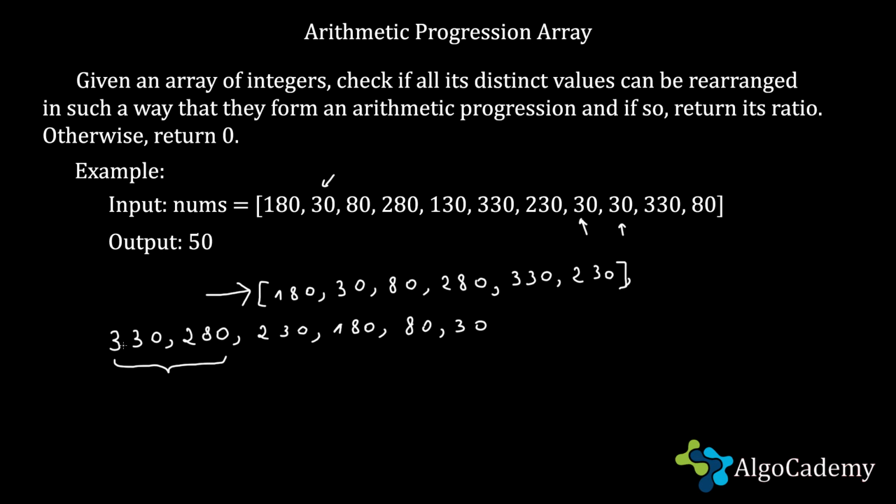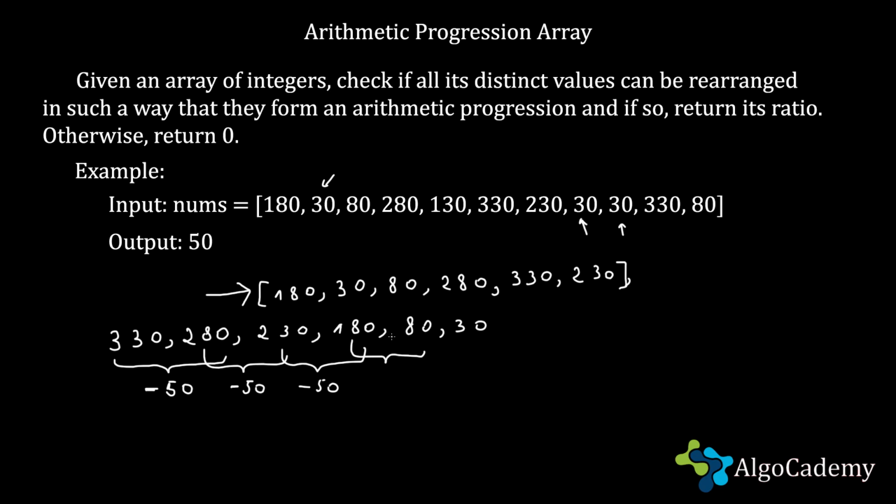If the first element is 330, it gets decreased by 50, so the ratio is minus 50. This one is this one plus minus 50. Also here, still minus 50. What happens here? Still minus 50. What happens here?